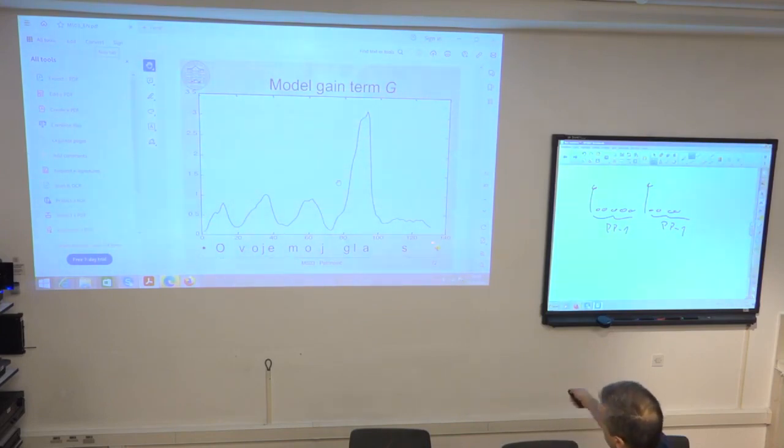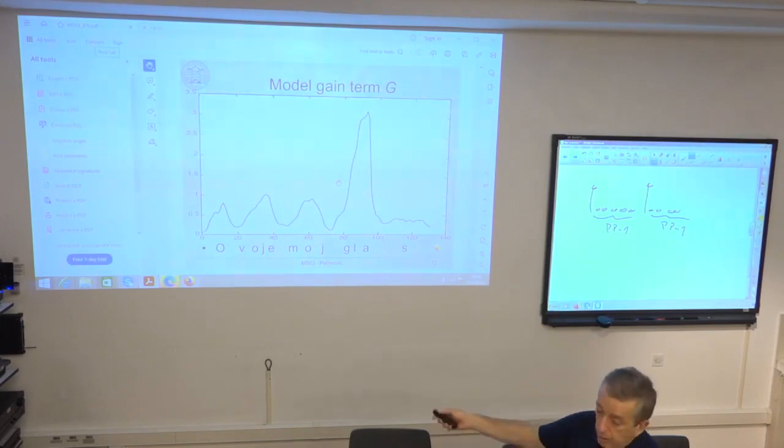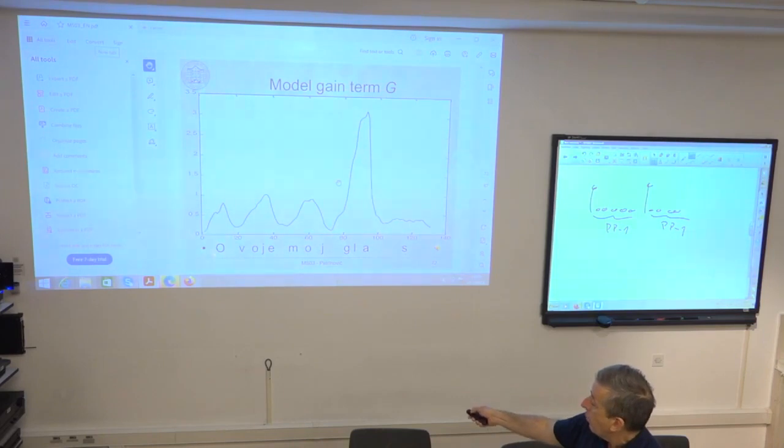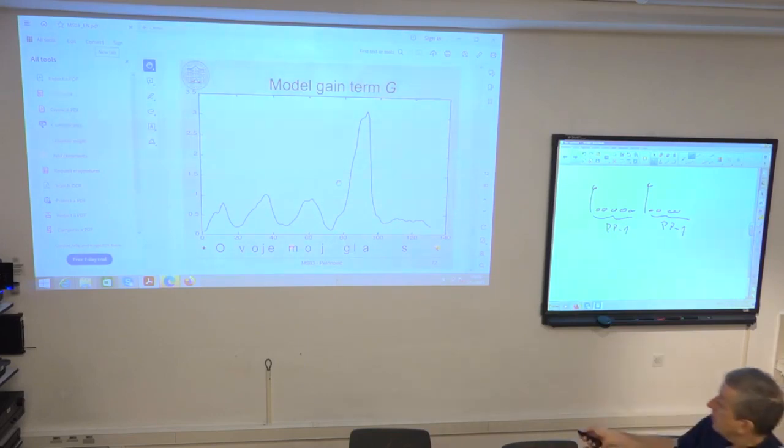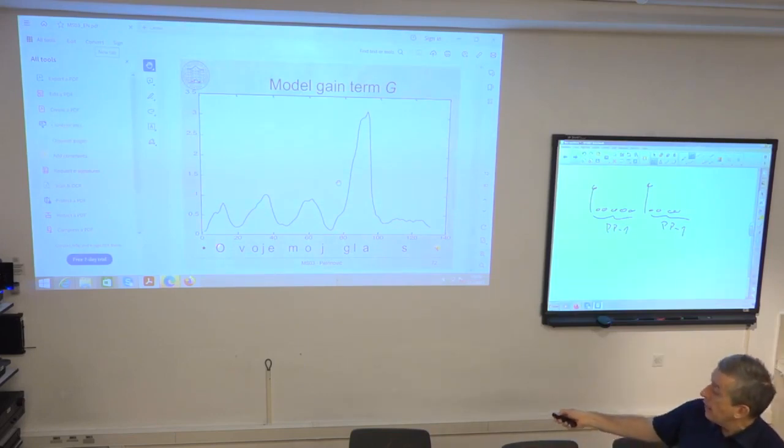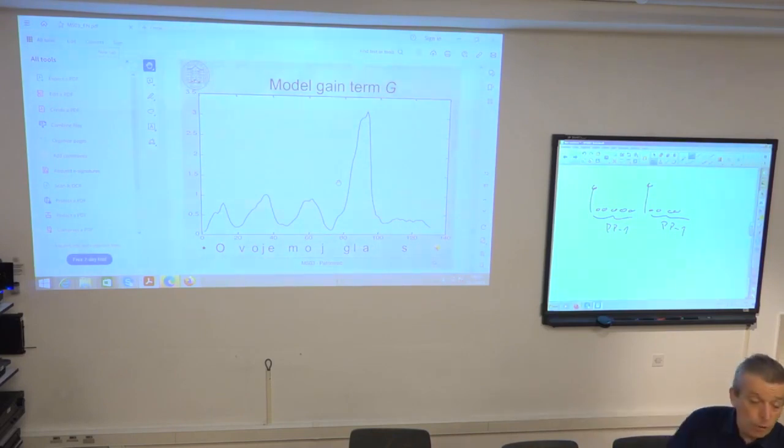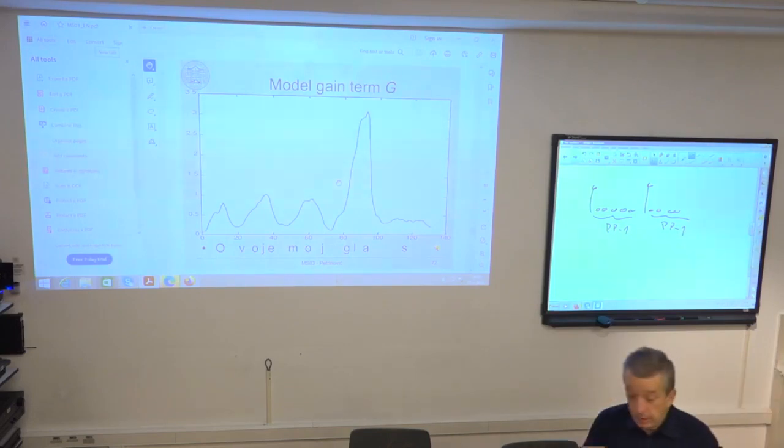And on the bottom, you have these phonemes, sounds that I'm pronouncing. Ovo, je, moj, glas. Okay? So you see that the amplitude is rather high only for vowels. O, oi, o, a. So for vowels, the amplitude is rather strong.